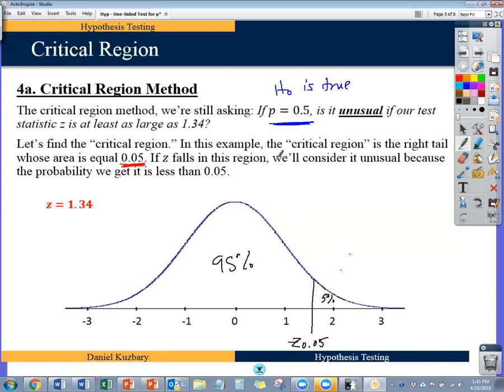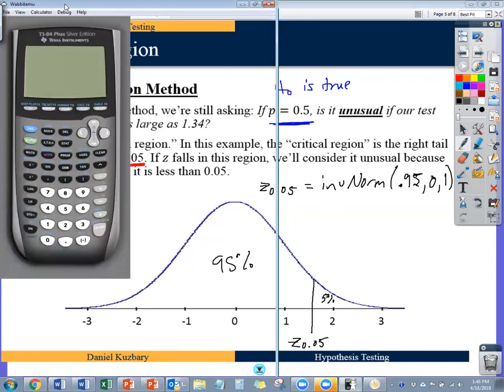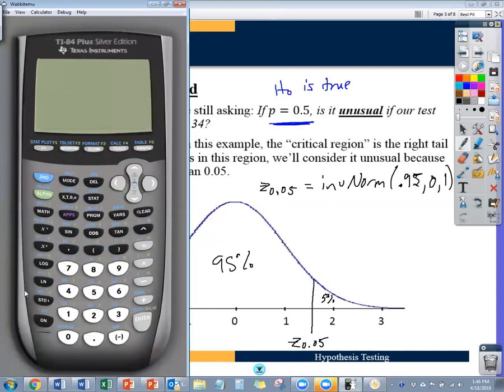So I need to find this guy. This guy, Z sub 0.05, we're going to find using inverse norm because we're in standard normal. The area to the left is 0.95, the mean is 0, and the standard deviation is 1. So you can do that in the calculator and get that value. So I'm going to do inverse norm.